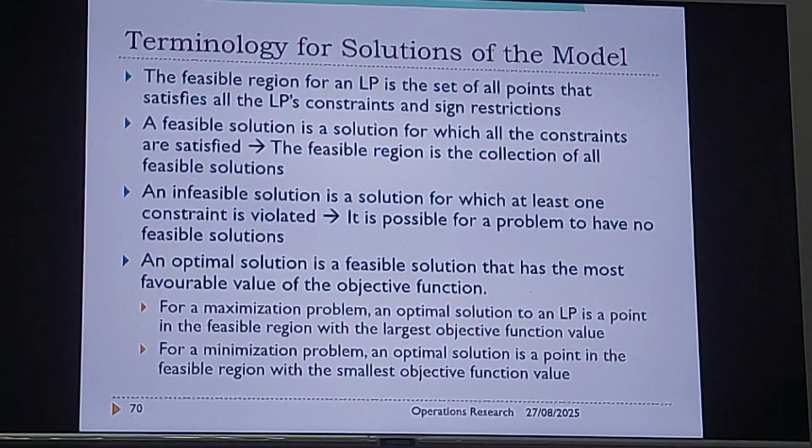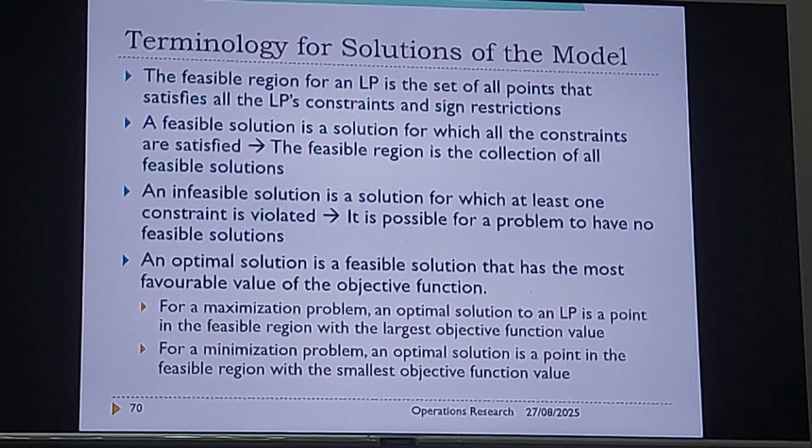While a feasible solution is some of the points that can be the solution. Infeasible is the one that is outside the region, so it's not possible. Also the optimal solution, the one that you need to find.